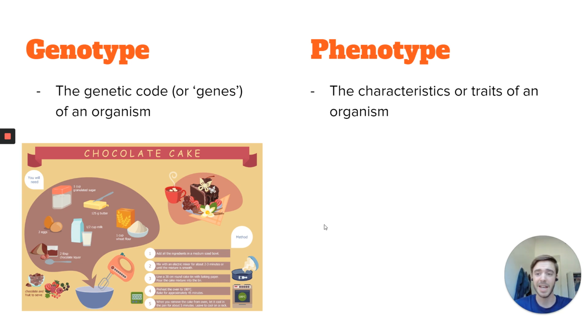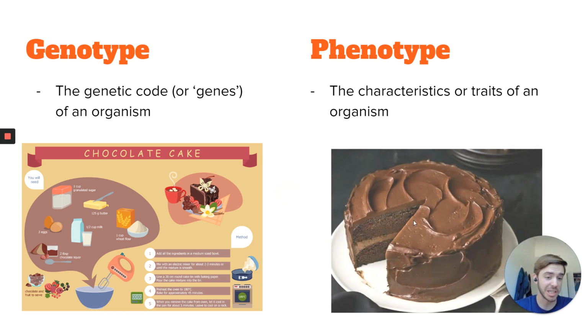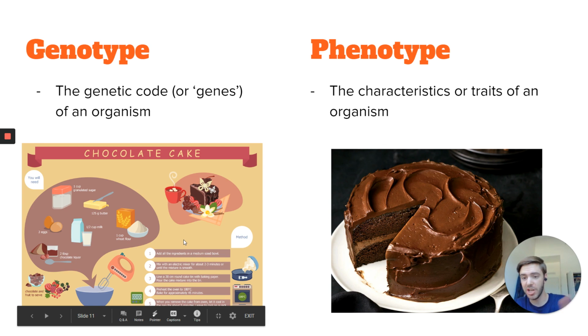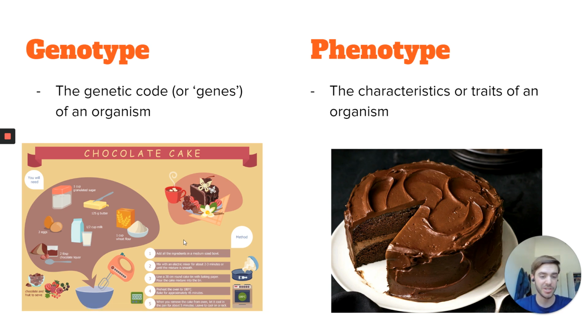Your recipe is just the genotype of the cake. And then once you're done, how it actually looks, that is your phenotype of the cake. Your genotype is just the genetics or the code, the ingredients and instructions, and your phenotype is that final product.